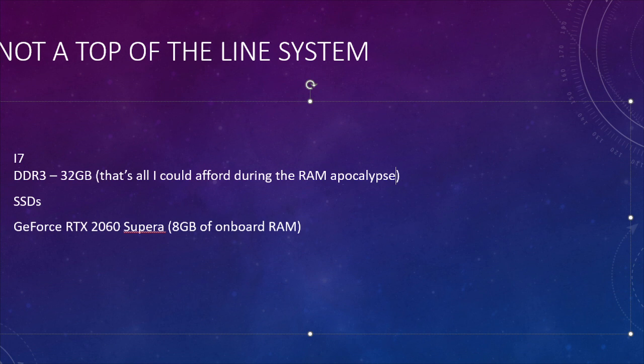I knew I was going to need it for video editing, so I went with 32 gigabytes of DDR3 because that was the most that I could afford at the time. In hindsight, 32 gigabytes is probably a bit excessive, especially with current DDR4 and DDR5, and rarely do I ever see a need for more than about 16 gigabytes of RAM.